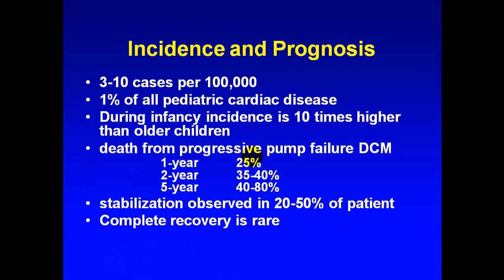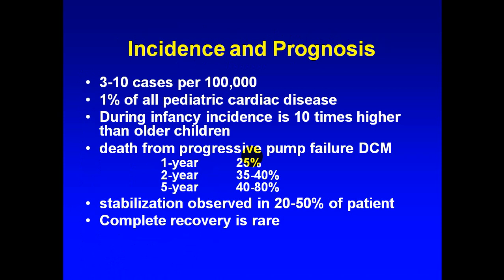The incidence in general is 3 to 10 cases per 100,000. It accounts for 1% of all pediatric cardiac disease, and during infancy the incidence is 10 times higher than in older children. Dilated cardiomyopathy is the common form in children.